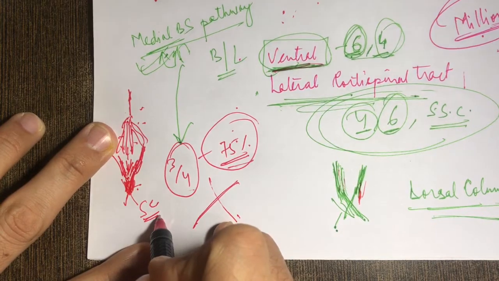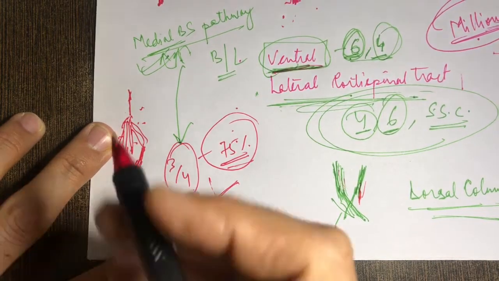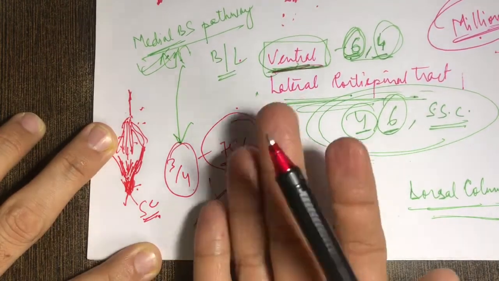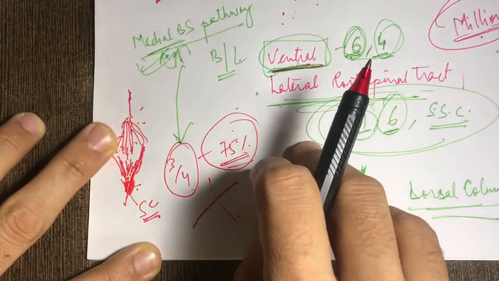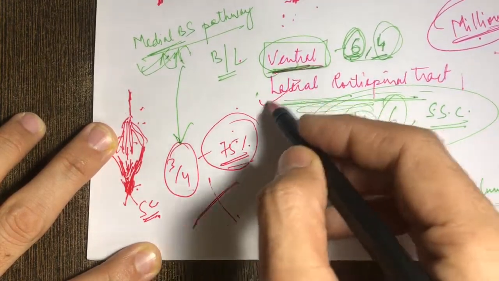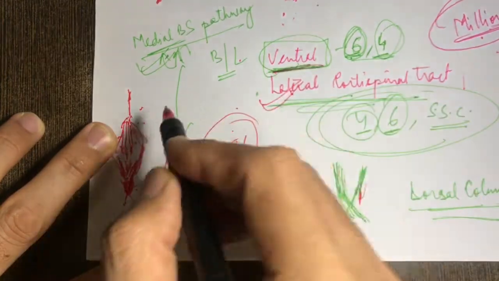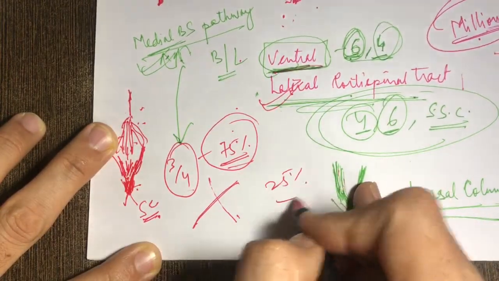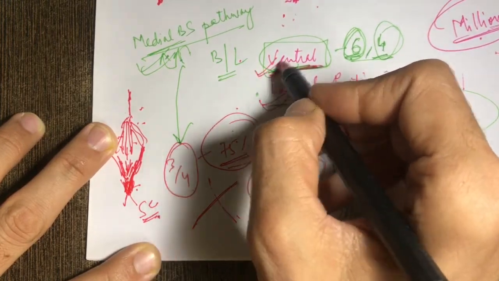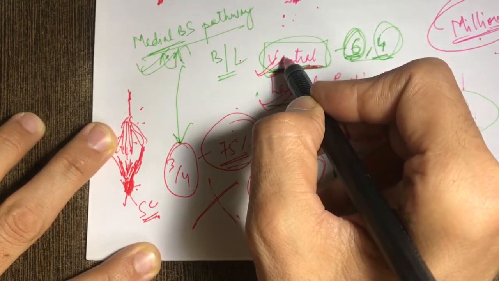And these crossed fibers will descend in the lateral column at the dorsal aspect, or we can call it the dorsolateral column of the spinal cord, forming the lateral corticospinal tract. The 25% uncrossed fibers will descend in the ventral column, and they are called the ventral corticospinal tract.